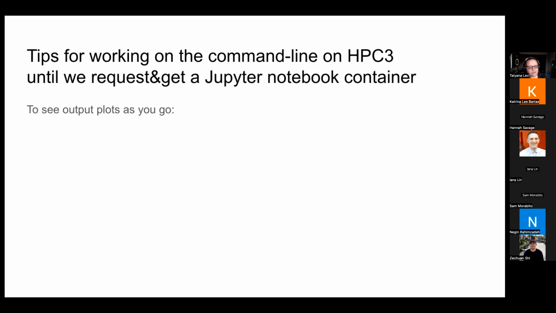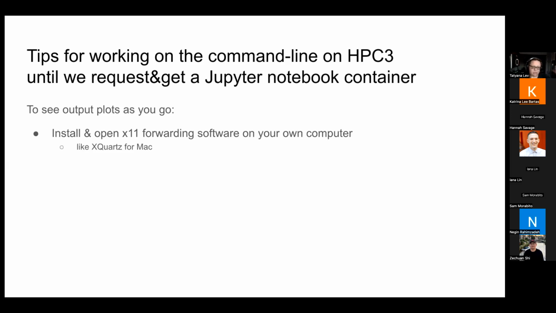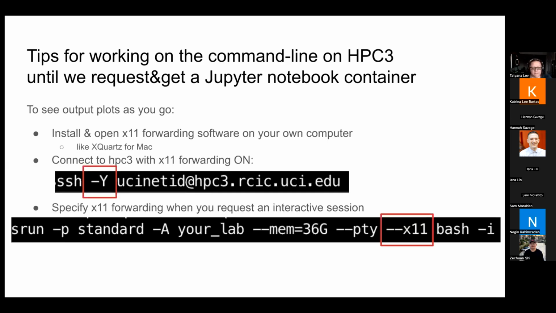Command line has its limitations. Plotting is an issue. If you do decide to try this at the command line, you have to make a couple adjustments. First, you have to install some sort of X11 forwarding software on your own computer, like XQuartz for Mac, which I did, but I think MobaXterm or something else for Windows. When you connect to the HPC, you have to turn on X11 forwarding at the connecting step through SSH.